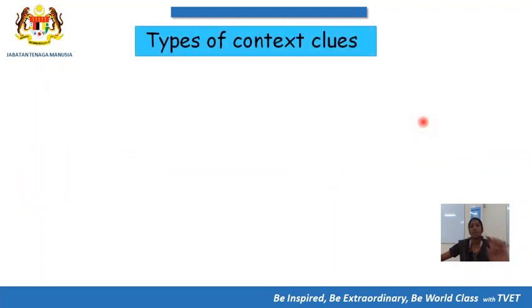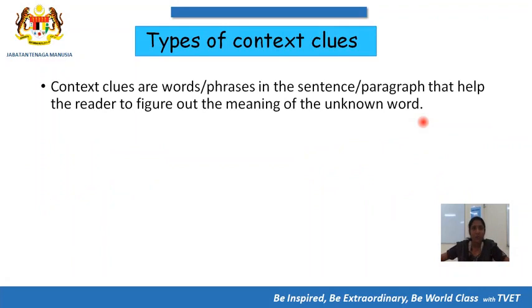This is how you should identify the context by doing some guessing. The types of context clues are the words or phrases in a particular sentence or paragraph that will help the reader figure out the meaning of the unknown word.